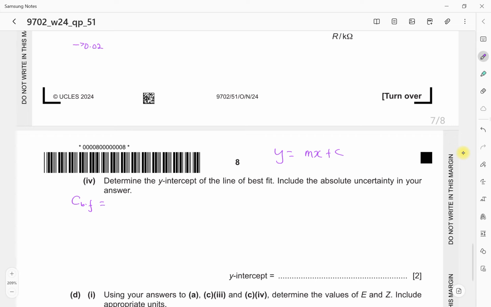The y value was 5300. So c is equal to y minus mx, that is 5300 minus the gradient, 1446, times the x value, which is 1.58.